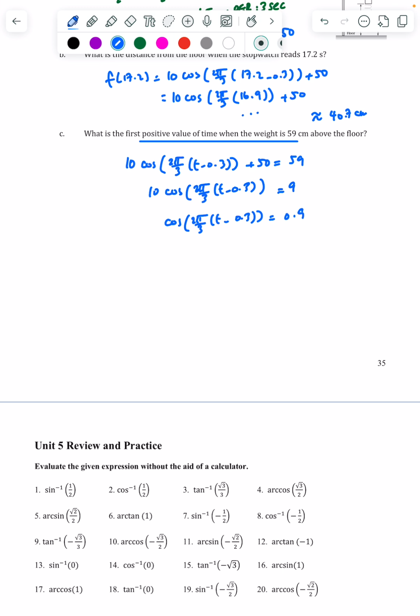To find the angle, you do inverse cos. That means 2 pi over 3 quantity t minus 0.3 is equal to inverse cos of 0.9.